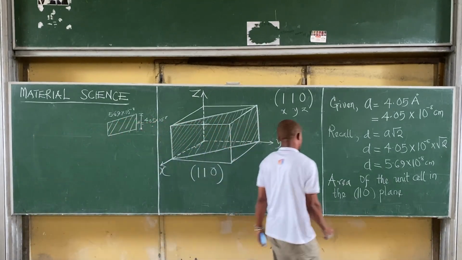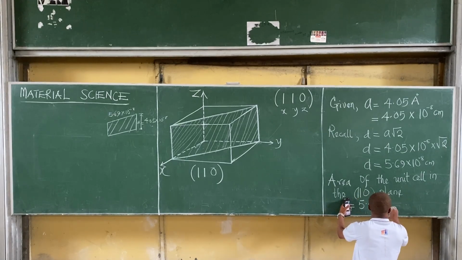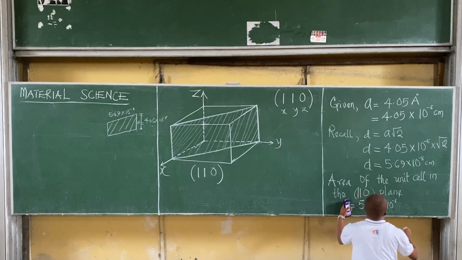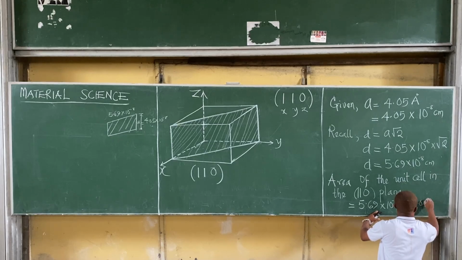So what do we have? 5.69 times 10 raised to power minus 8 centimeter times 4.05 times 10 raised to power minus 8 centimeter.